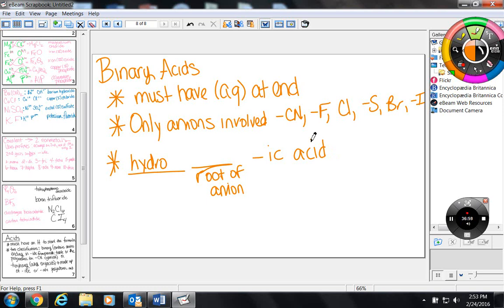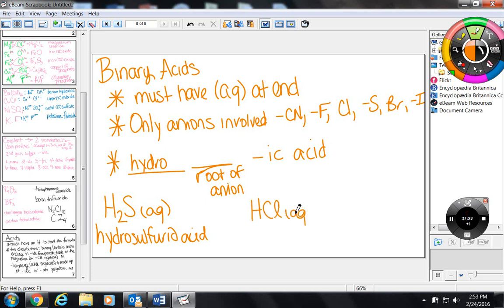So if I have H2S AQ, it is hydrosulfuric acid, and HCl AQ is hydrochloric acid.